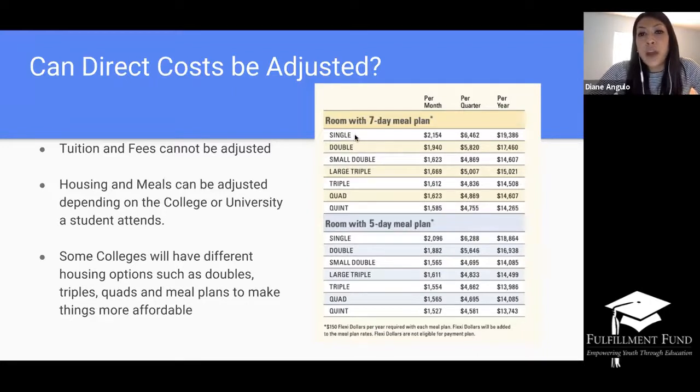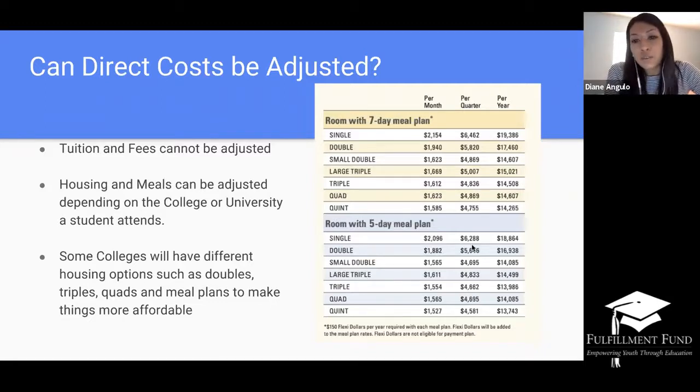So a student would have either a single, a small double, a large triple, and there's a lot of other different options. And then a student can also select a room with a 5-day meal plan, which is a little bit more affordable. And same thing, they would have to select either a double, a small double, a large triple, or a triple. And you can see the different costs. So you can see that some of them are going to be more affordable and some of them are going to be a little more expensive.